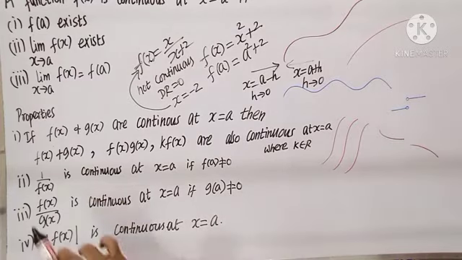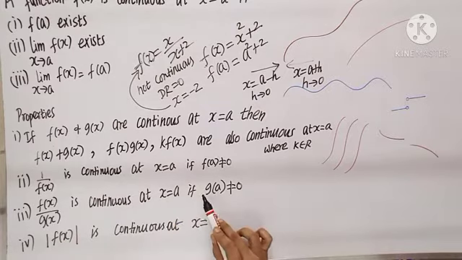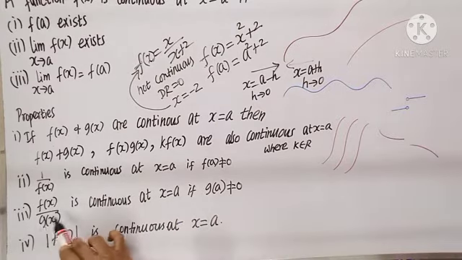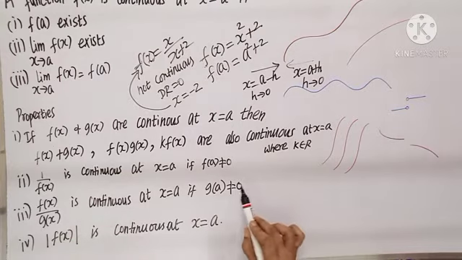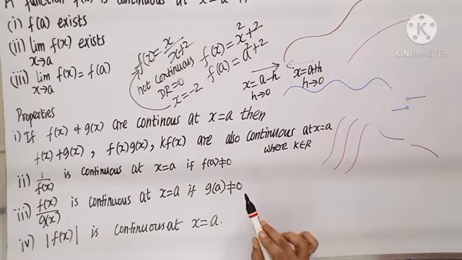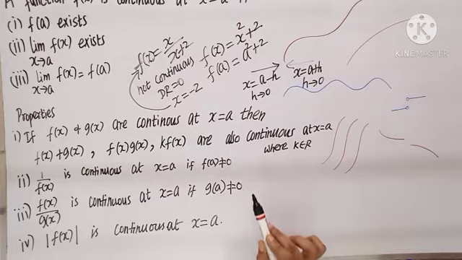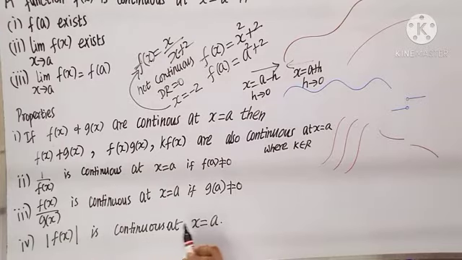Similarly, f of x by g of x is continuous if g of a, the denominator, is not 0 at the point a. So every time in continuity, remember the denominator is not 0 at that particular point. Finally, we say modulus of f of x is also continuous at x equal to a.